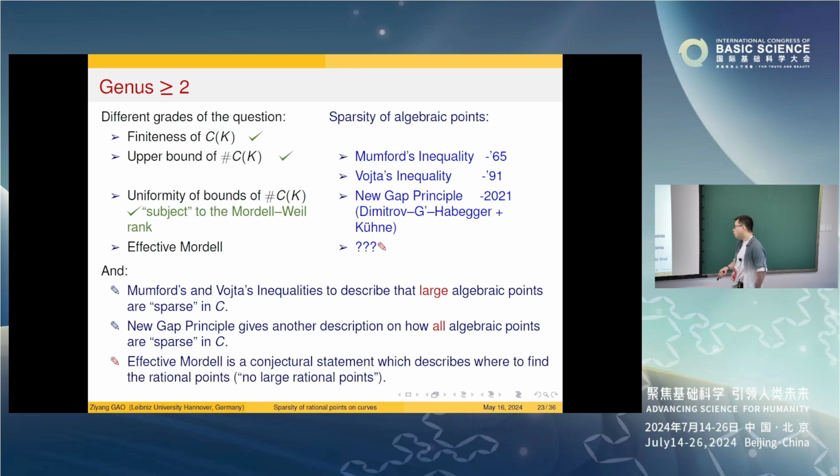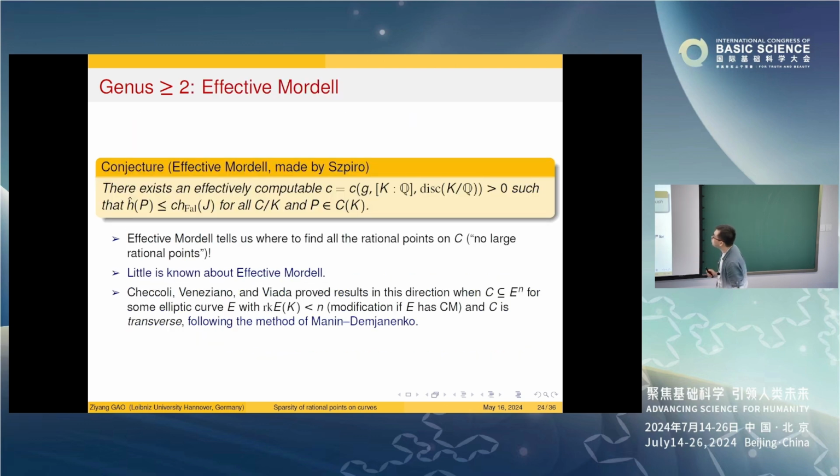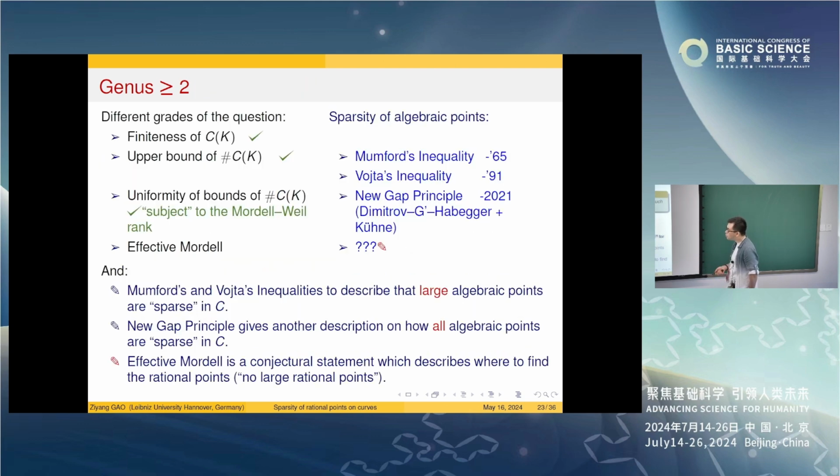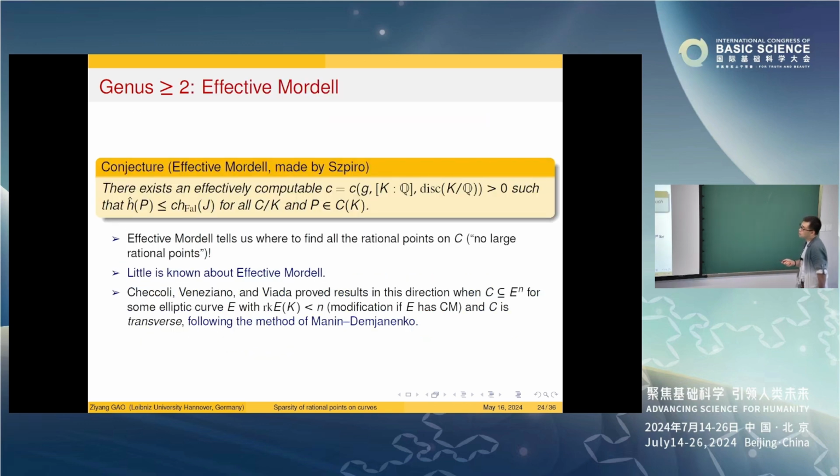And then effective Mordell, what is it? Well, it is almost the ultimate goal that we want to realize when studying rational points on curves. The slogan here is there are no large rational points. And the exact statement is this conjecture made by Szpiro.